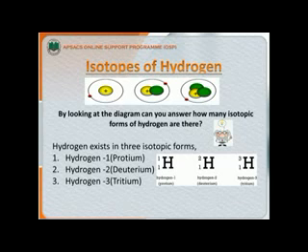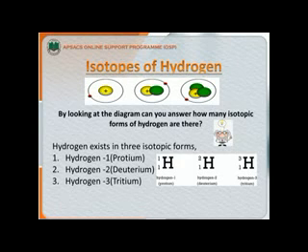Here I have shown the symbolic representation of these 3 isotopic forms of hydrogen. Dear students, if you focus on the representation, the number written at the bottom of the hydrogen symbol, that is H, represents the atomic number, while the number written at the top of the hydrogen symbol is the atomic mass.